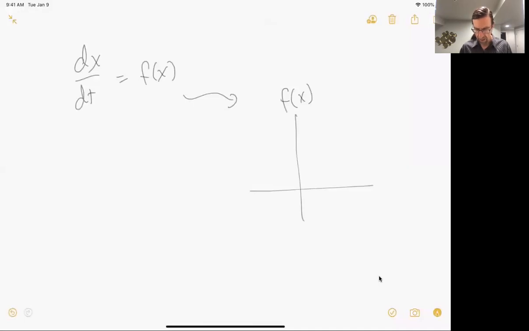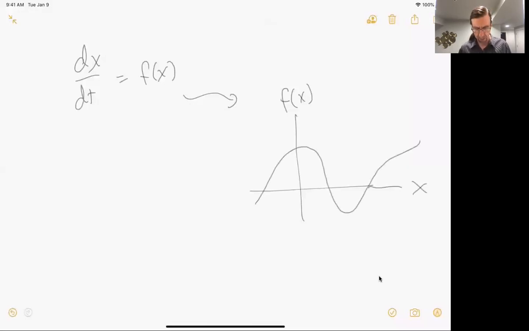So let me very quickly remind you of the case for a single differential equation. You've got a differential equation like dx/dt equals some function of x. I'm going to do this very broadly, very generally. This function of x might have some graph, so we can plot f(x) versus x and we'll see some picture here.